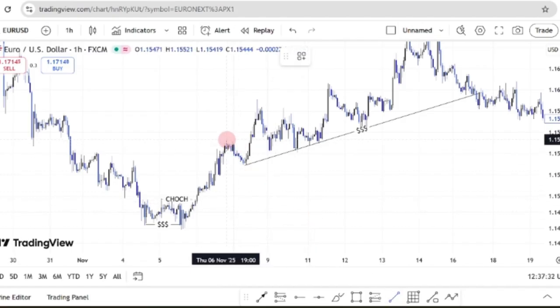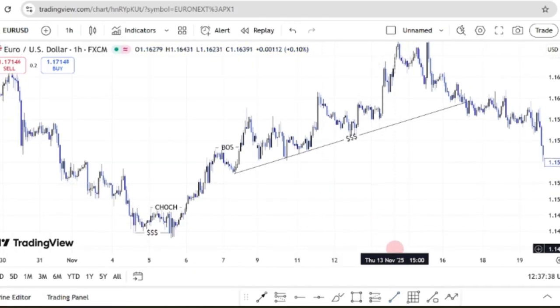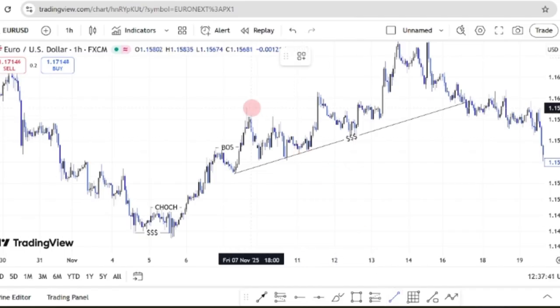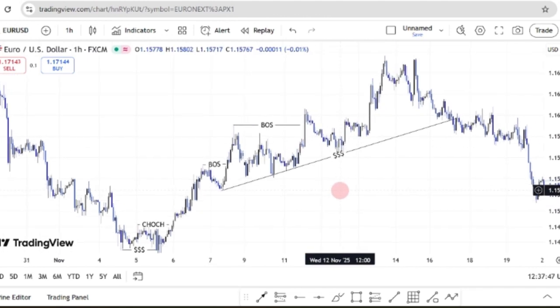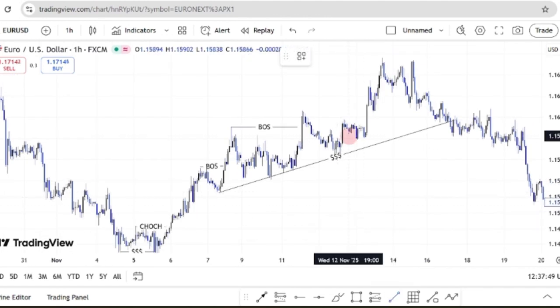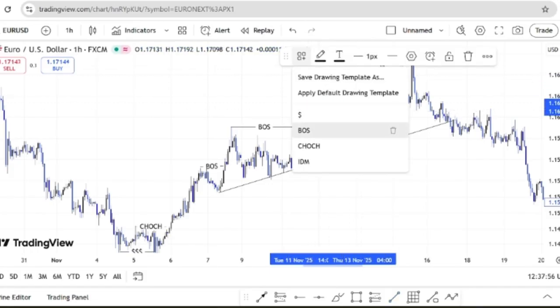We have our break of structure to the upside. Have this break of structure. And we have this break of structure to the upside.